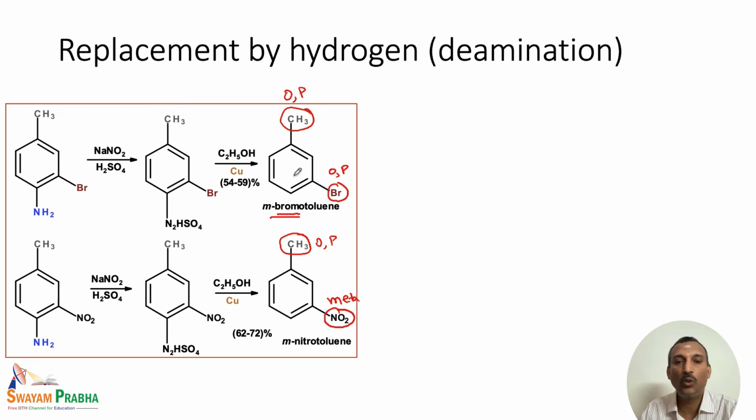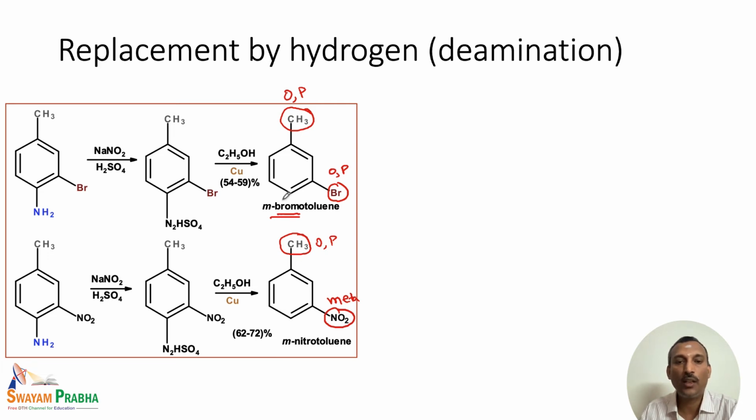So this rules out the preparation of meta compounds with ortho-para groups, and similarly, when there is a meta-directing or deactivating group, it is also not possible to prepare the corresponding products as shown here.